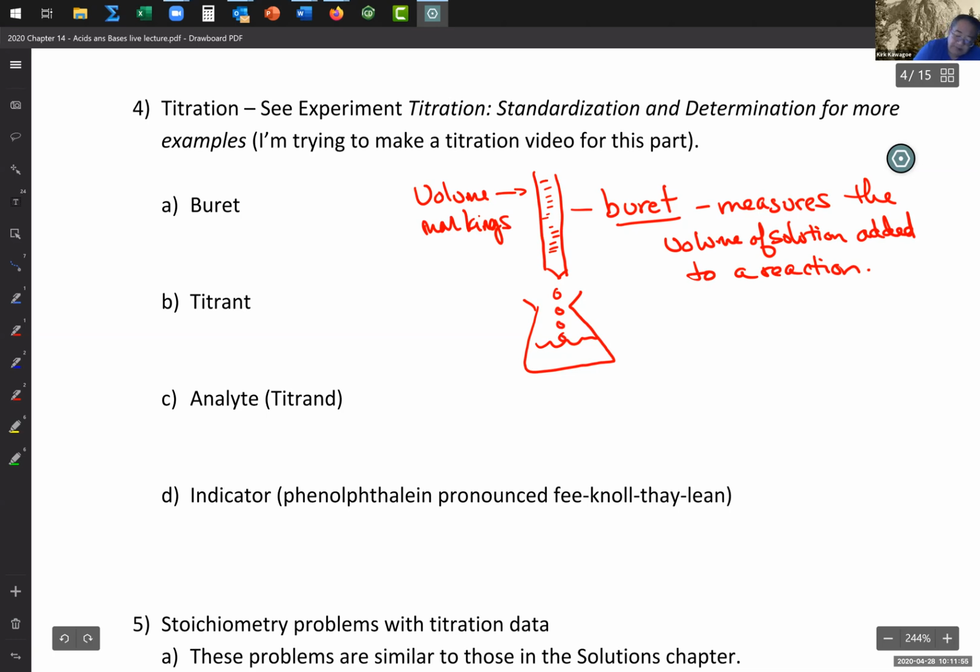Okay. So you basically have this. You have a reactant in the burette, and this is usually the other reactant. So this is a reactant to react with what's in the burette.